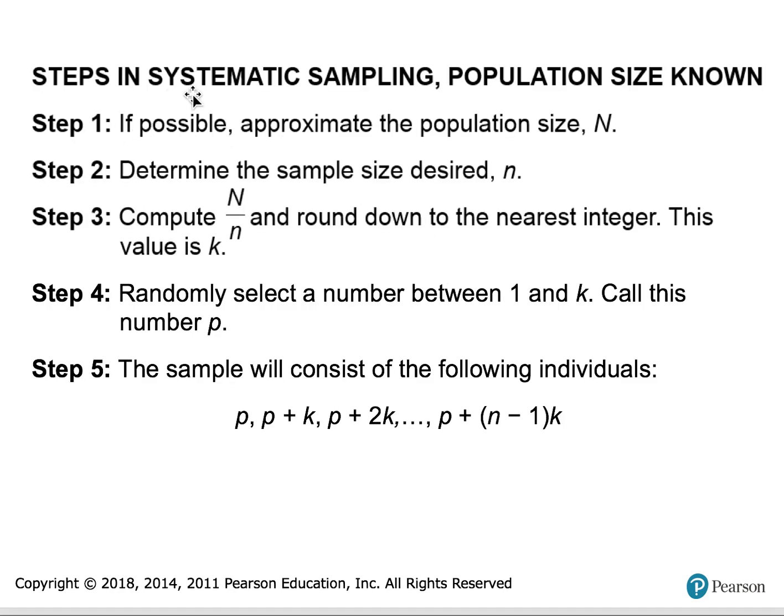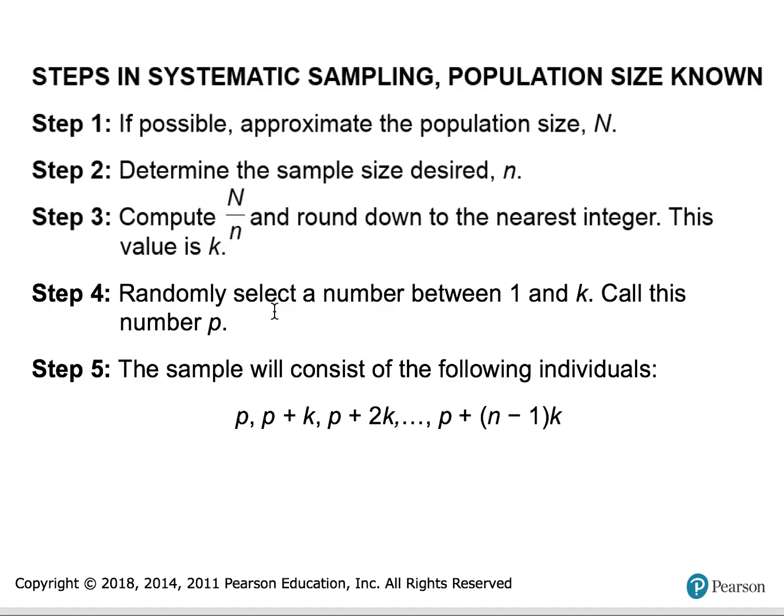So here are the steps in a systematic sample if the population size is known. So he should know how many bottles come off of that machine a day, right? So step 1, if possible, approximate the population size, and remember that's capital N. Determine the sample size desired. He wanted 25. Compute the population divided by the sample, round down to the nearest integer, and that's where you get your k from.